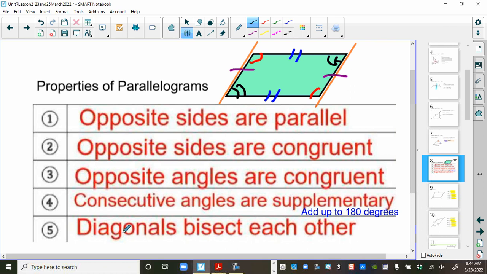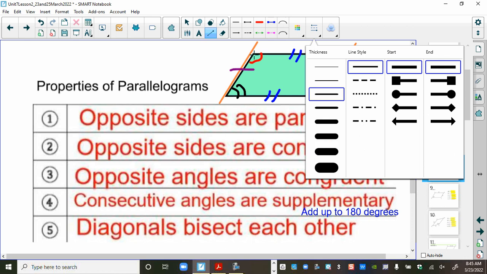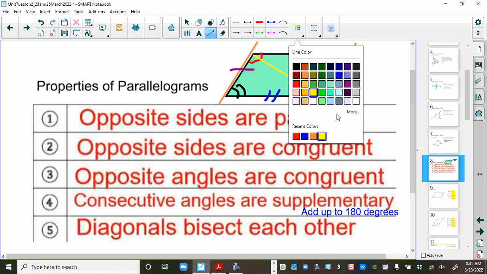And then last but not least, the diagonals. That's something new. I'm going to show you what the diagonal will look like. A diagonal is going to look like this. A line going diagonally across. And then you're going to have another one that looks like this.